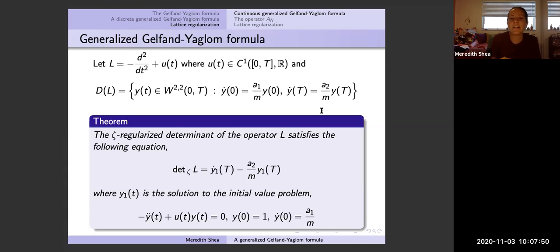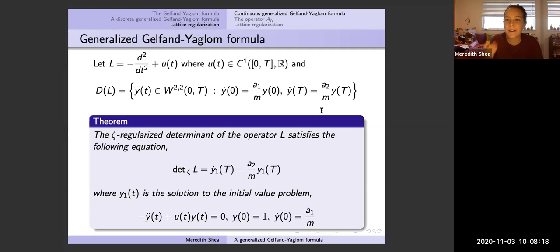So the zeta regularized determinant of the operator L satisfies the following equation. The zeta regularized determinant of L is equal to y1 prime at T, minus A2 divided by M times y1 at T, where we need to know what y1 is. And y1 is the solution to the following initial value problem.